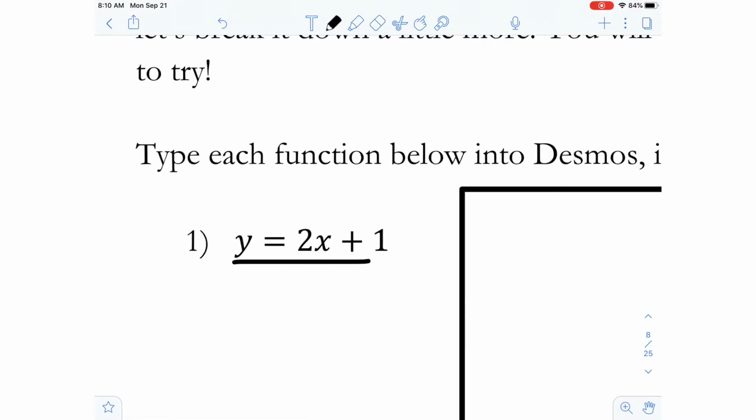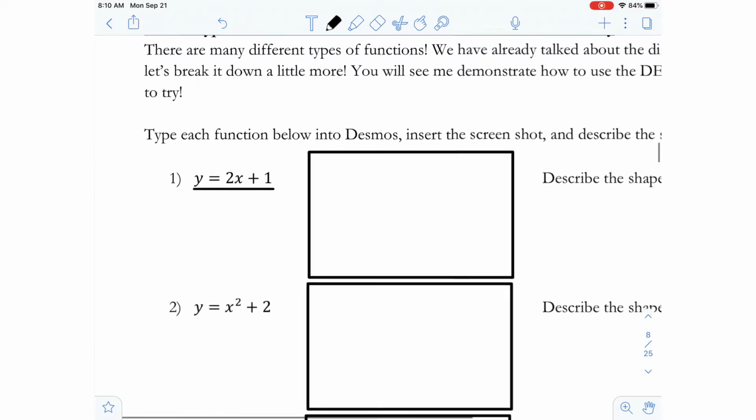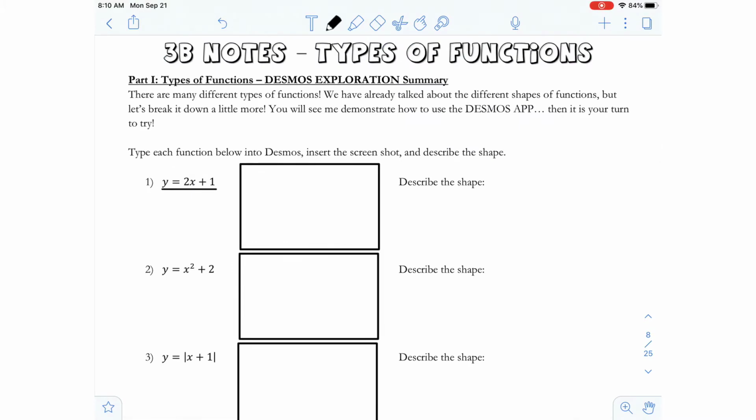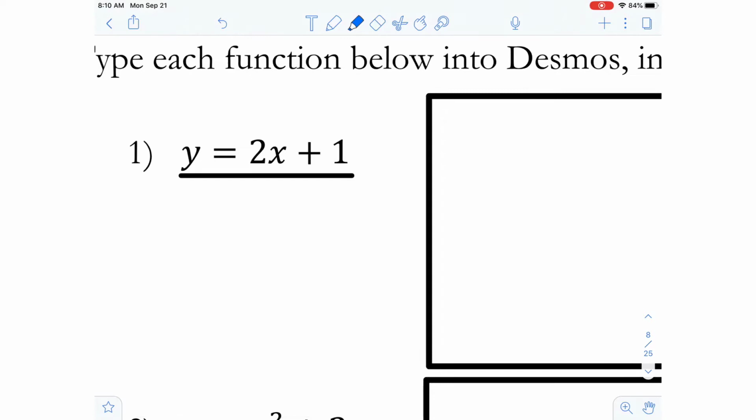So this first one, we are going to go to Desmos and type this first part into the graphing calculator. When I type into the graphing calculator, I only need to type the 2x plus 1, because the app will already say y equals or f of x equals.